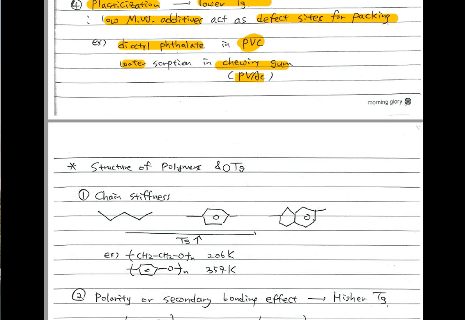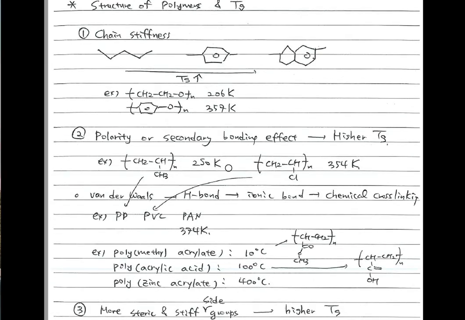All right. Then let's see some of the effects of chemical structure, how different chemical structures affect glass transition temperature. You have already learned about this in terms of melting temperature, so it's quite similar. First, in terms of chain stiffness, compared to flexible structures, if you have a benzene ring, the chains become more rigid, more stiff, and then the Tg will increase.